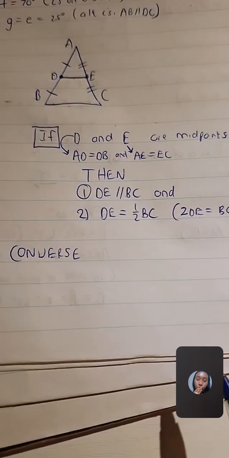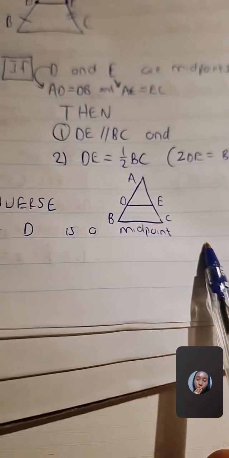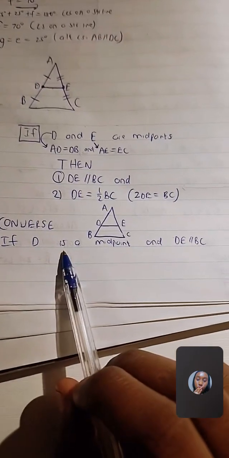The converse of the theorem says, let's say now we are given triangle A, B, C, and we have D and E. If D is a midpoint, and DE is parallel to BC, you see now, different story.